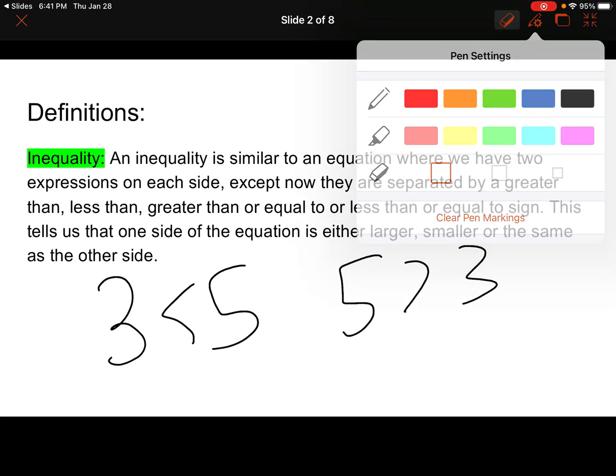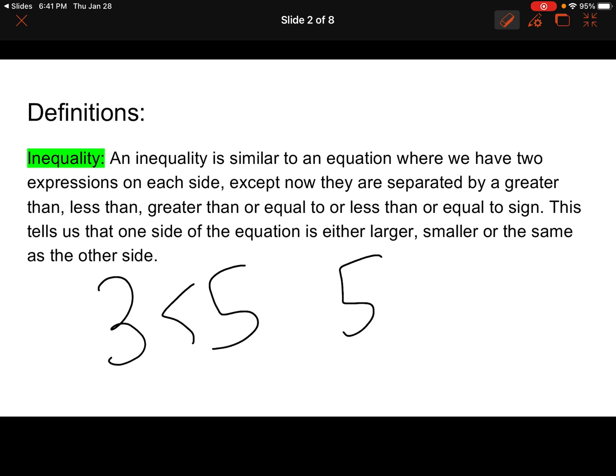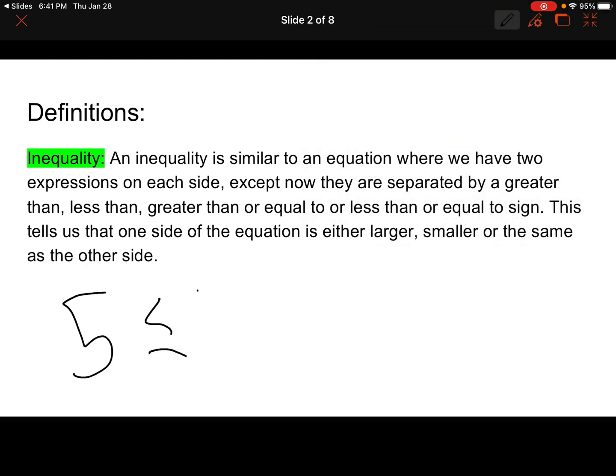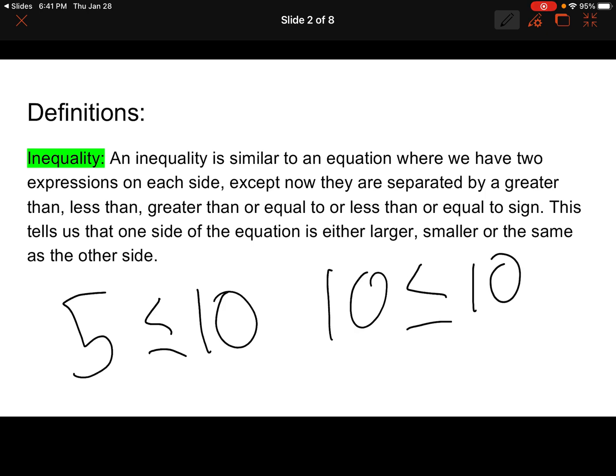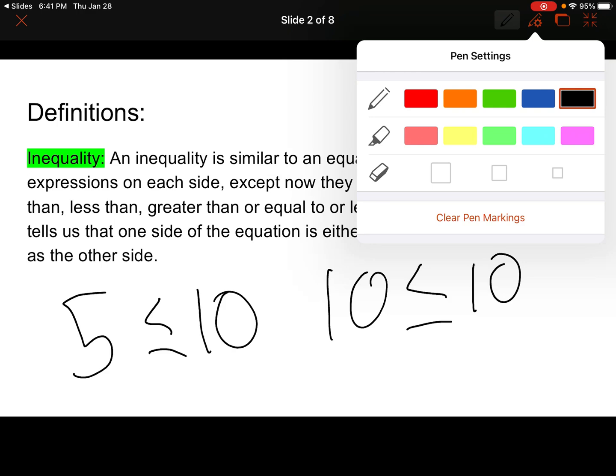We can also see something like 5 is less than or equal to 10, right? And in this case, 5 is less than 10. It's not equal to, but 5 is less than 10. But if we said, for example, 10 is less than or equal to 10, this would also be true because 10 is equal to 10. Okay.